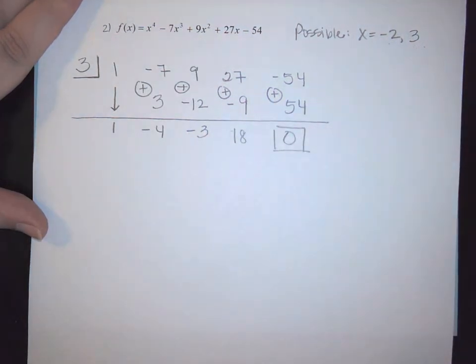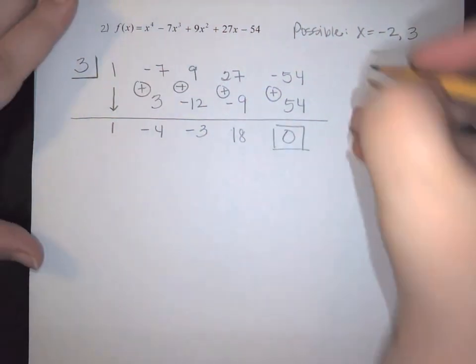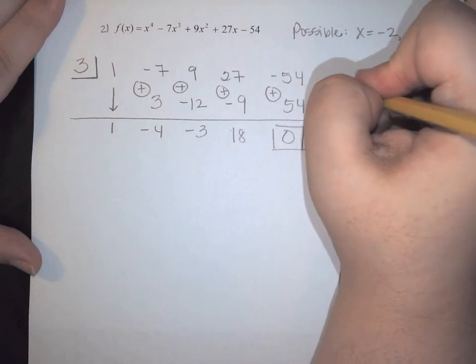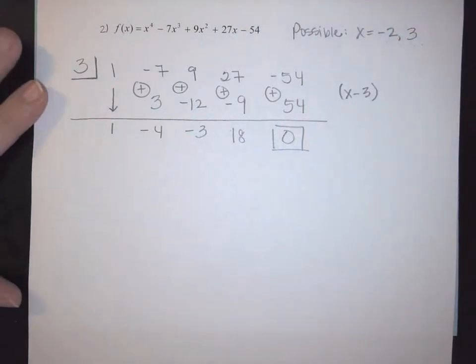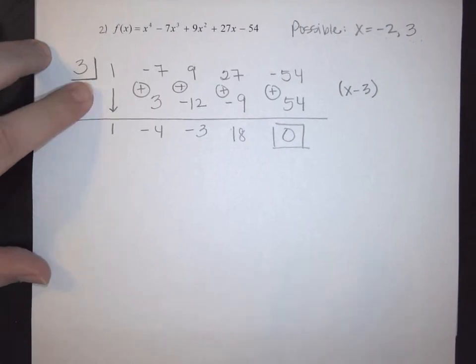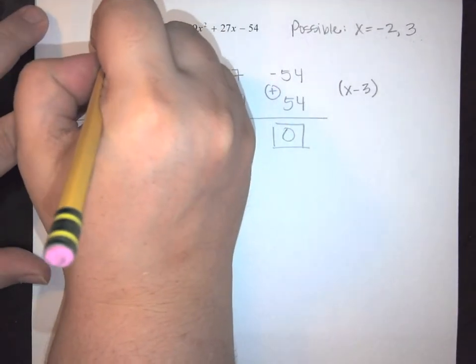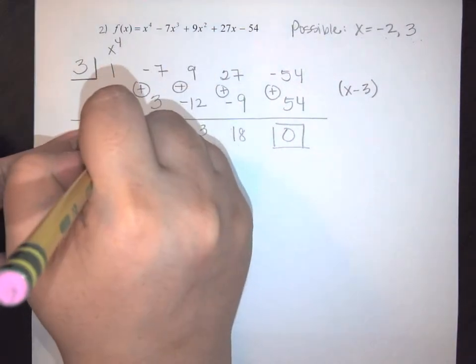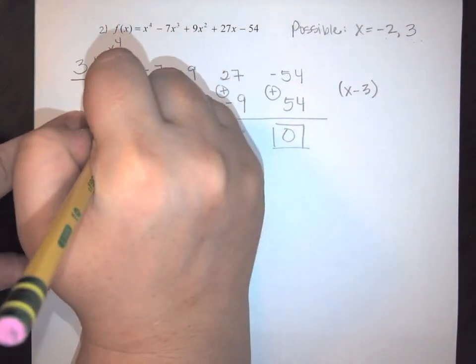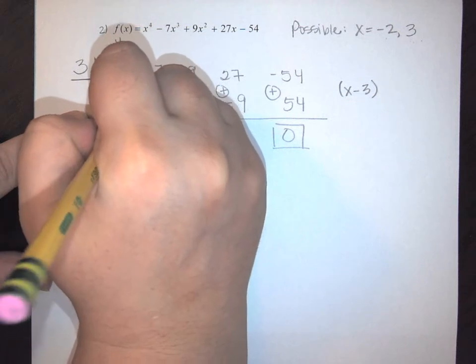Since that's what I wanted, what this tells me right here is that x minus 3 is a factor. Now, the other thing I know is that I started with an x to the 4th. When I bring it down, this leaves me with an x to the 3rd.